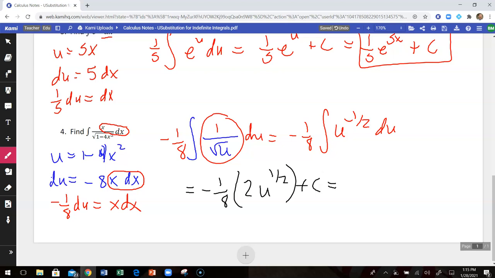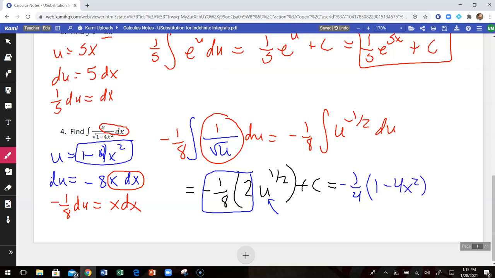I'm going to do a couple things at once here. I'm going to go ahead and multiply these constants, so that's going to be negative 1/4, and then I'm also going to replace u with 1 minus 4x squared, and then that's raised to the 1/2 power, and then plus c, and we are done.